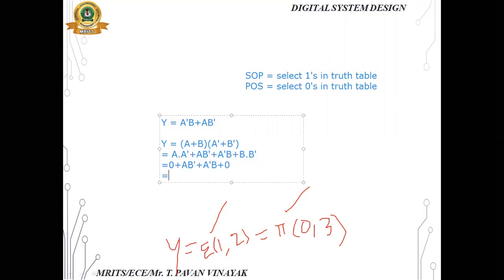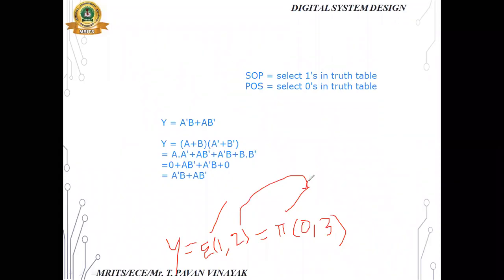So that is equal to what? A bar B plus A B bar. So we are getting XOR operation. So both are same, this expression is same.